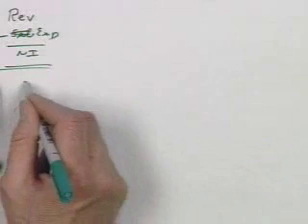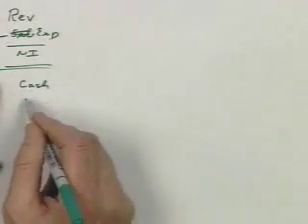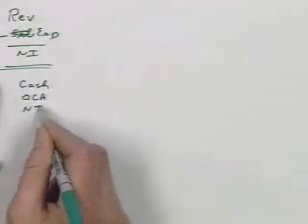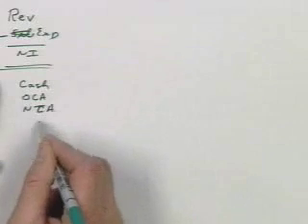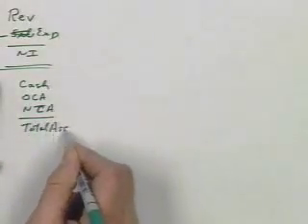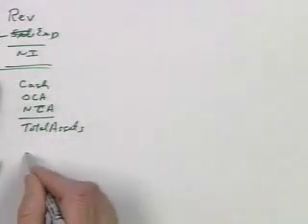I'm going to have current assets. Let's go cash. Then I'm going to have other current assets, non-current assets, giving me total assets. On the liability side, I'm going to have current liabilities.